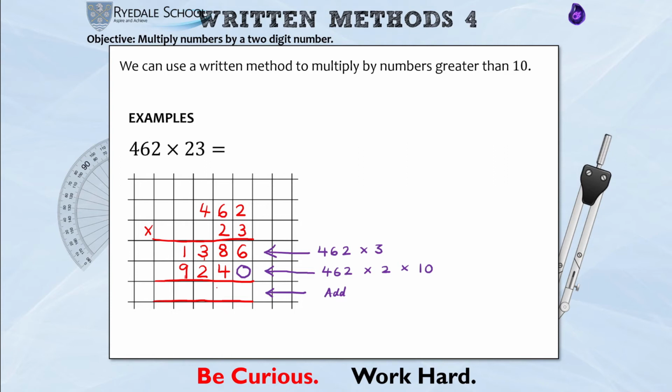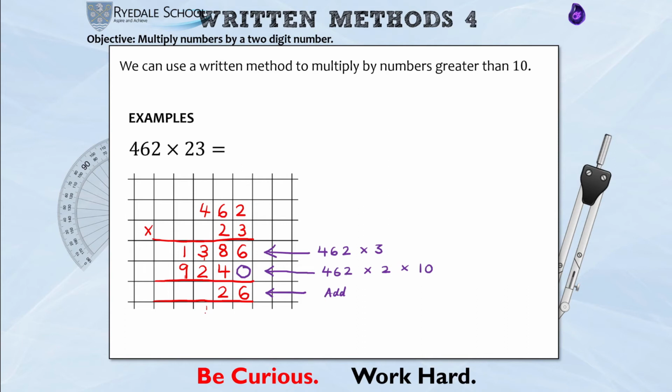I now need to add up my 2 numbers. So starting with the units, I've got 6. 8 and 4 is 12. So 2, carry the 1, 12. 3 add 2. So remember, I'm not adding that extra 1 this time. 3 add 2 is 5.